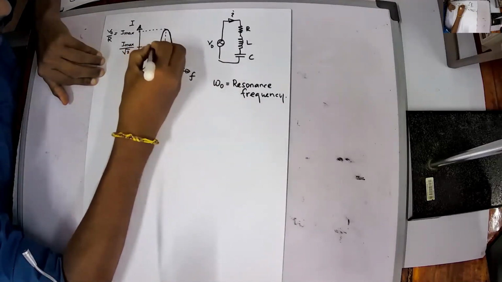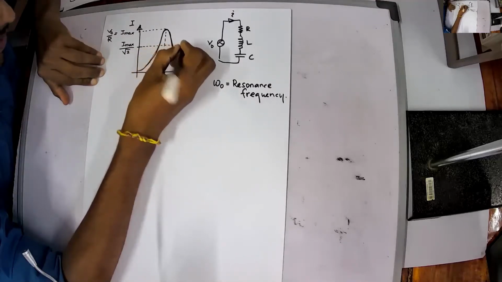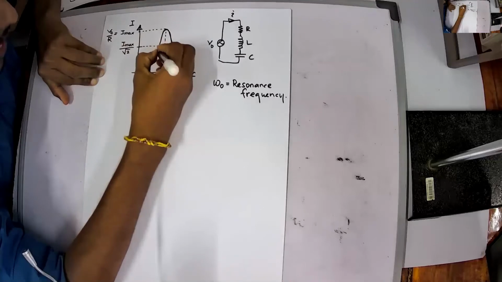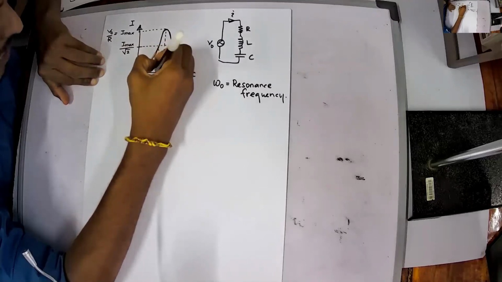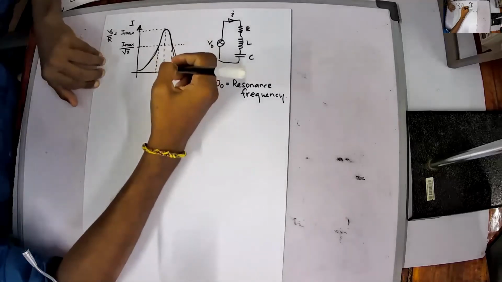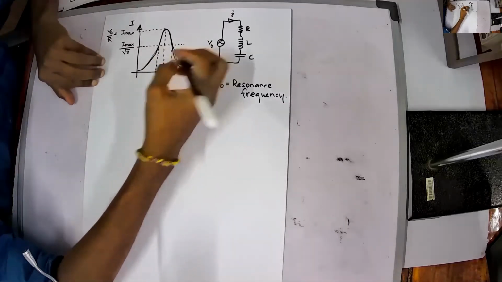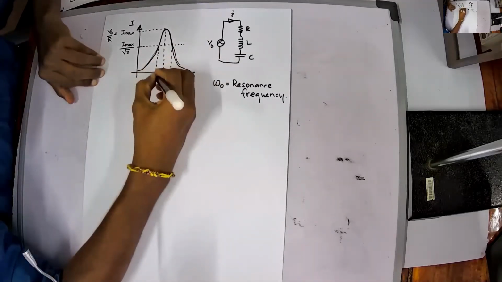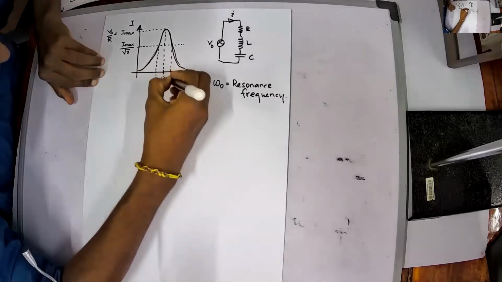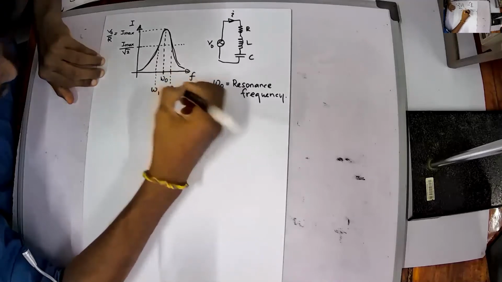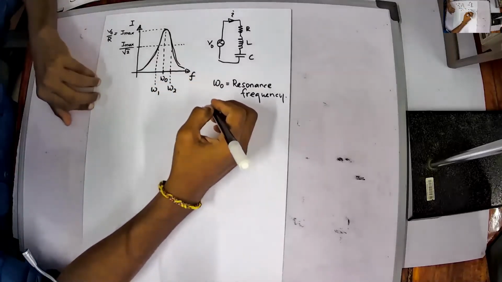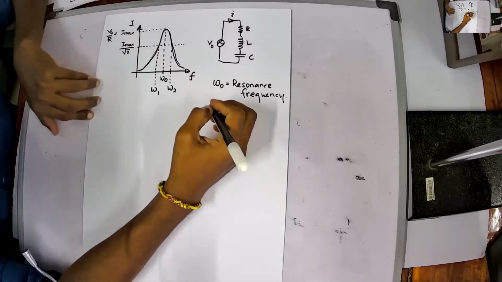And then I'll put a line here. So this curve will intersect with this line at 2 places. This is 1 and this is 2. So I can mark this as omega 1 and the other one as omega 2.